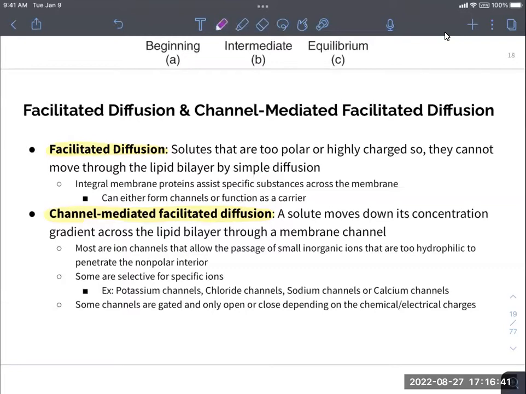We have potassium channels, chloride channels, sodium channels, and calcium channels. They're very specific to one type of ion. Some only let potassium in. Some only let sodium in. Some only let chloride in or out. Others just open their gate or close their gate depending on the chemical or electrical charges that are needed.